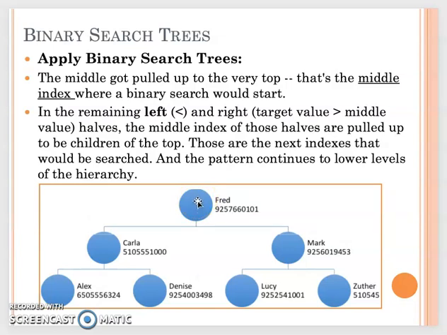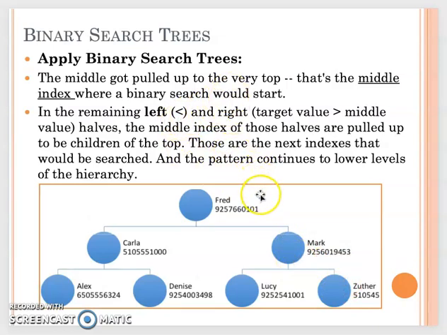All the nodes on the left-hand side of the root node will be smaller than or equal to the root node, and all the nodes on the right-hand side will be greater. This applies for every node: your left child is always smaller than you, and your right child is always greater than you. So that's our binary search tree.